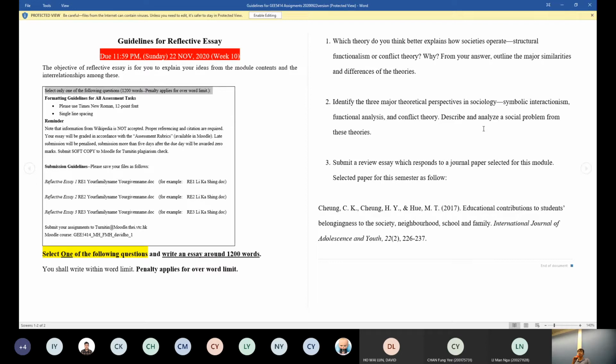And especially, please remember, pay attention to the requirement for the works. You only can write about 1,200 words, okay? You can imagine when you submit your essay with 2,000 words. Meanwhile, the other participants can submit their essays around 1,200 words, but you submit your essay with 2,000 words.